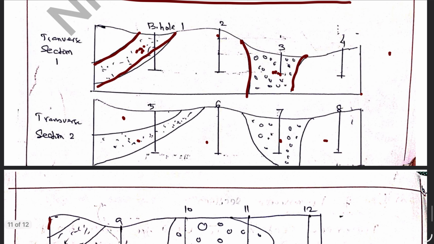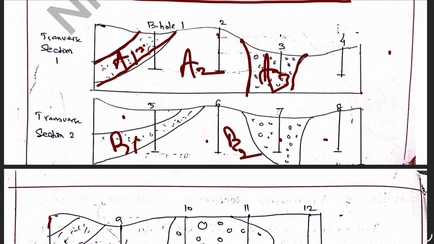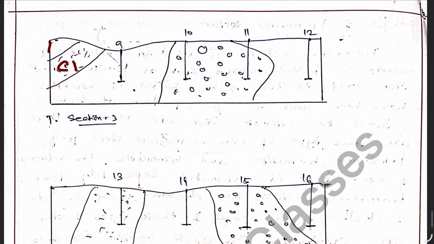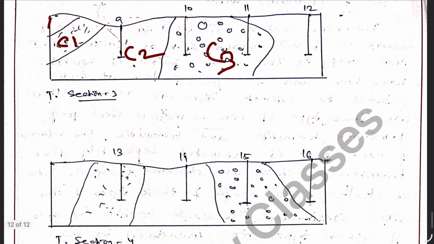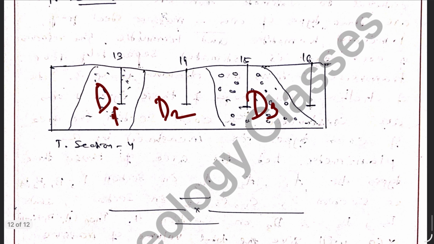So the area of each type is found out. This is A1, this is A2, this is A3. B1, B2, B3. C1, C2, C3. D1, D2, D3. And all are 60 meter apart.